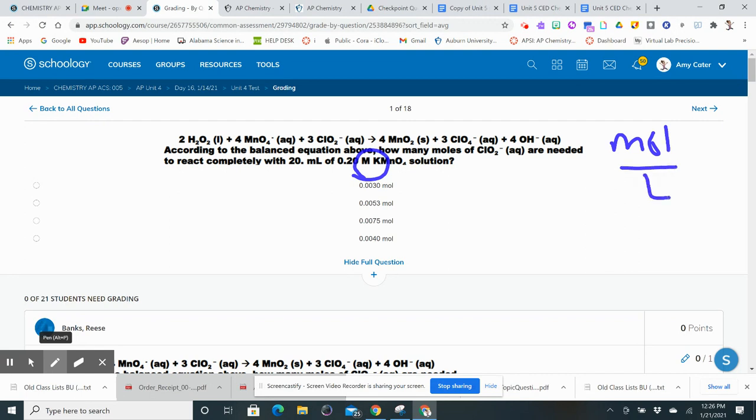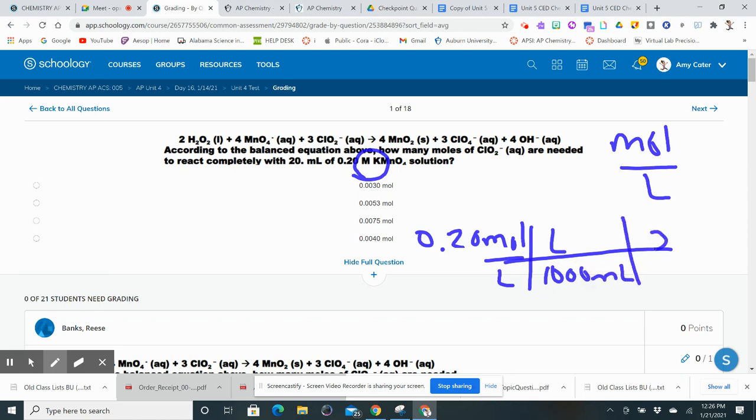So one of the big things that people forgot to do is change milliliters to liters. Okay, you have to do that conversion. And then you would need to find out the number of moles. So we would take 0.20 moles per liter. 1 liter is 1,000 milliliters.